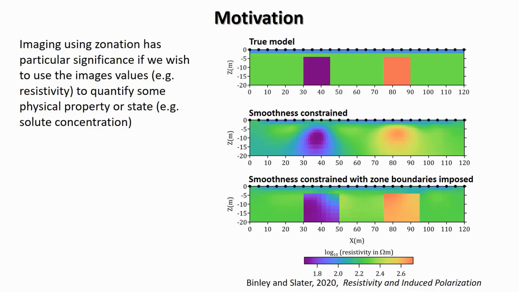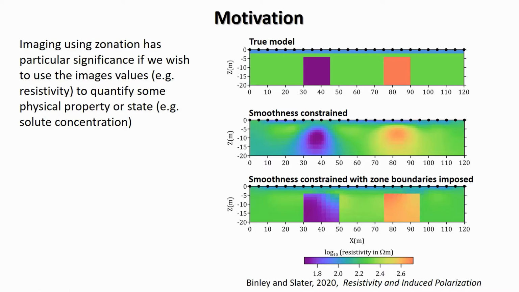And so I'm showing here on the right an idealized case with 4 zones, and if we apply a conventional smoothness constrained inversion, then we get these smeared results as we'd expect. But if we apply some boundaries to our conventional smoothness constrained inversion, so we switch off regularization along these boundaries, we see we get improved estimates of the values of resistivity in this case in these regions.